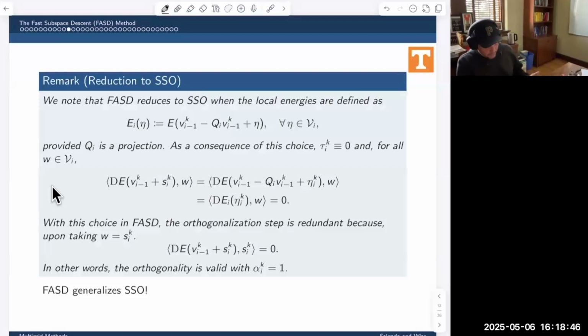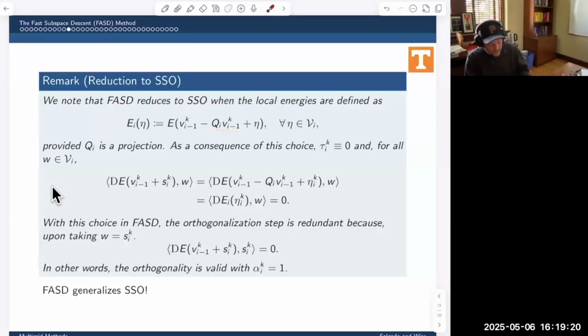We don't have to go through all the details of it, but it's basically this. So FASD is exactly the same as SSO whenever we make certain choices for our local energies. So for example, if I fix a couple of values, let me take E evaluated at this difference of points. So what is this difference? This point here is the pre full approximation, and then here's my full approximation.